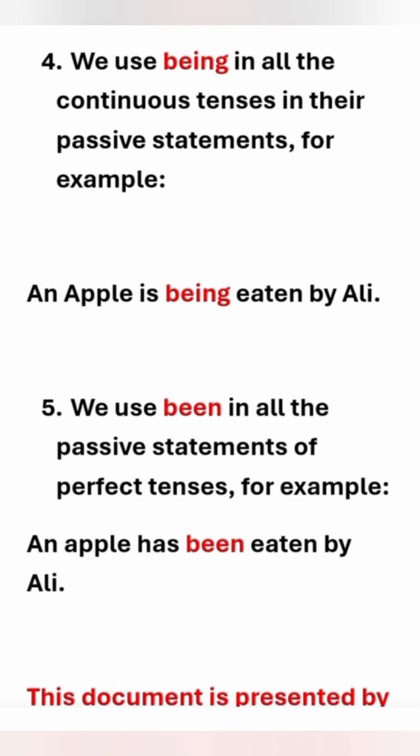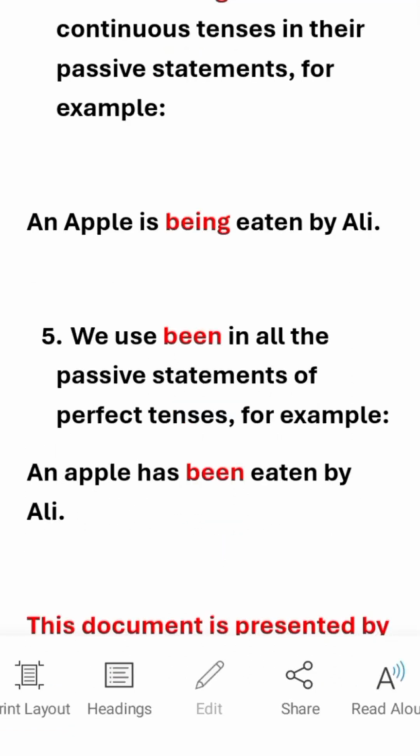Verb plus ing. For example, I am walking, she is eating, they are sleeping. So basically all these verb plus ing or present participles are used in continuous tenses. I am eating, he was walking, so on and so forth. So जितने भी passive statements हैं present continuous, past continuous, इनमें basically आप verb plus ing which is be plus ing use करेंगे इनके passive statements में. Being would be used in all the passive statements of continuous tenses.